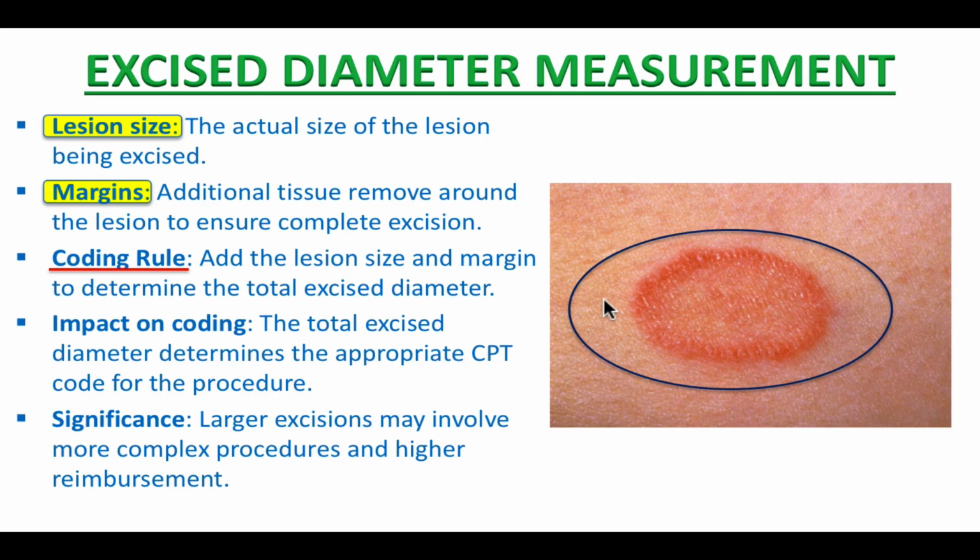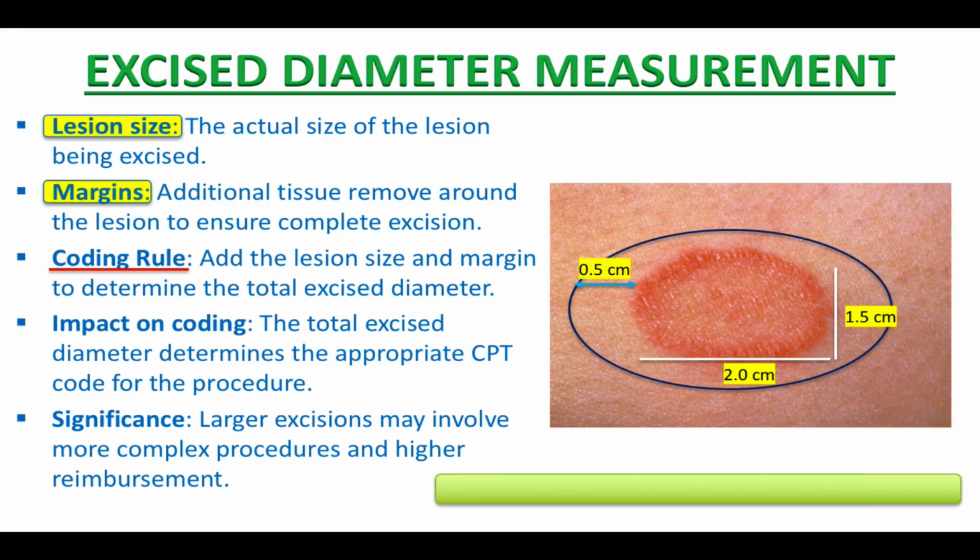Assuming this lesion is measured with a width of 2 cm and a height of 1.5 cm and the margin is 0.5 cm. Here's how you would calculate for coding purposes. First, between the lesion width and height, you choose the larger number, which in this case is 2 cm.